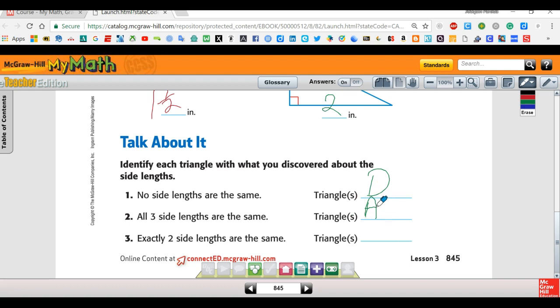A and B. Okay. And which triangles have exactly 2 sides that are the same? Just C. Okay. So you have something like this: D, and then A and B, and then C.